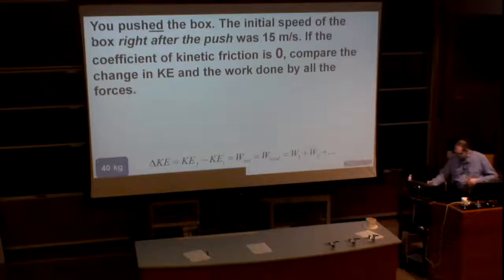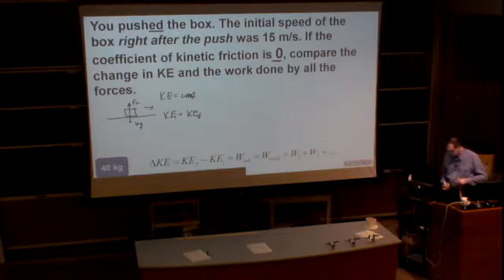So in this situation, our previous experience tells us that kinetic energy should remain constant, or initial kinetic energy should be equal to final kinetic energy, because there is no friction and vertical forces cancel each other out.